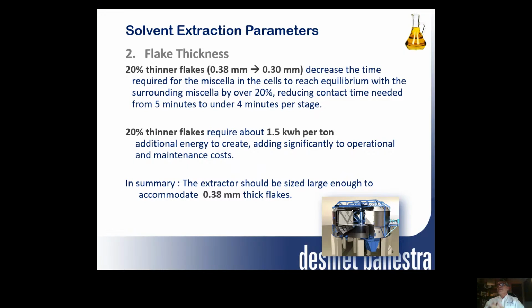So the best compromise we found is a flake thickness of 0.38 millimeters, something in between 0.38 and 0.40, in some cases 0.42, but the largest plant in the world uses this kind of flake thickness.